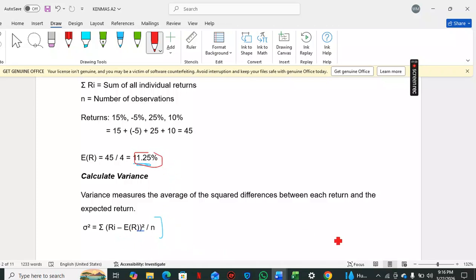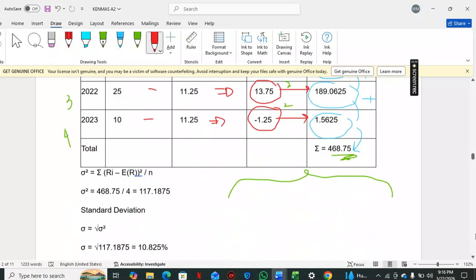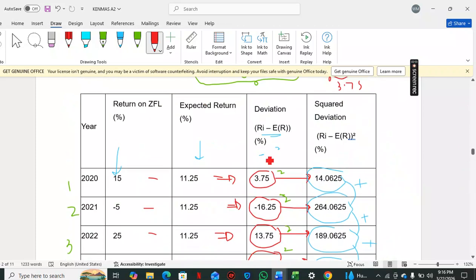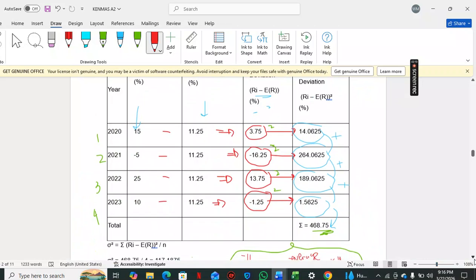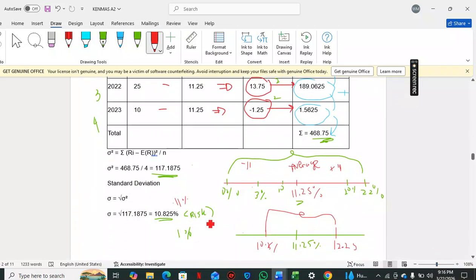We also calculated the standard deviation for ZFL using this table here, and we got a standard deviation of 10.825%.